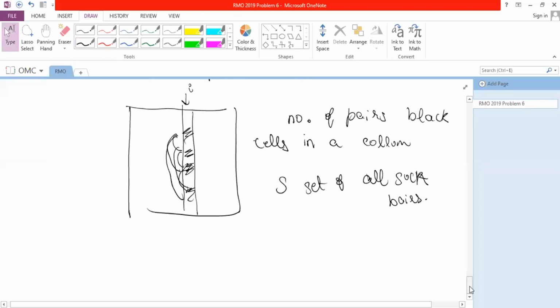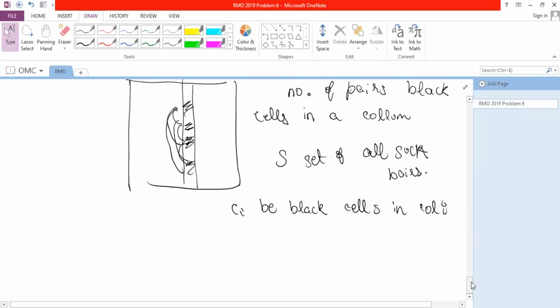Let us count S. Let Ci be the number of black cells in column I. So the number of pairs of black cells must be Ci choose 2. So the number of elements in S must be precisely the summation of Ci choose 2 for I going from 1 to 91.